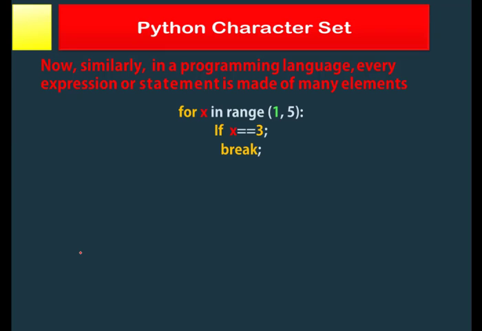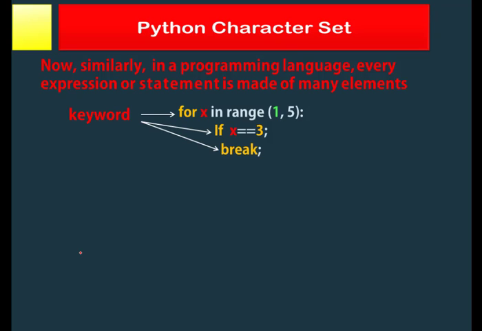I have just given some code here: for x in range within brackets 1, 5 and then a colon. If x is equal to 3 in brackets, and there are some semicolons also. So this is a code, and we'll identify what these elements are in Python.